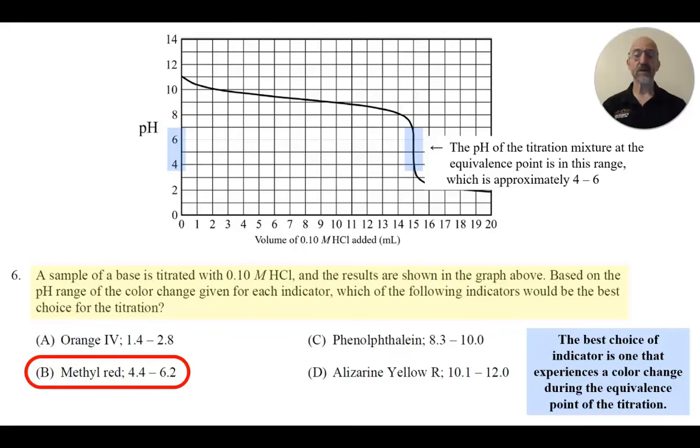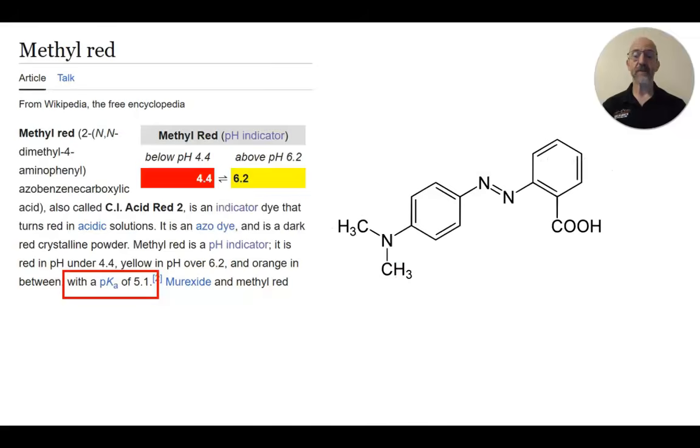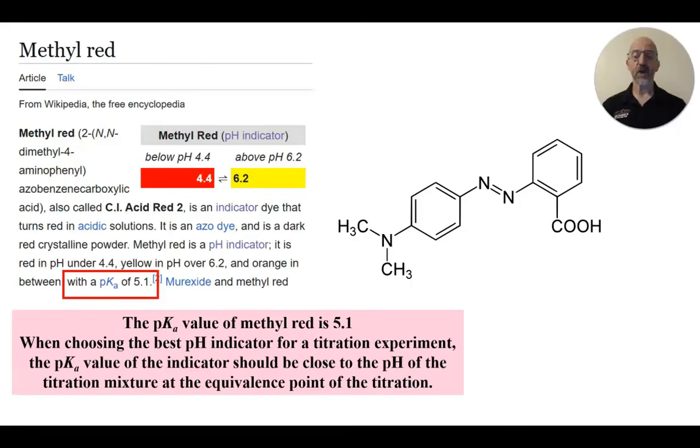Now, I did a little research and I tried to find the pKa value for methyl red, and what I found was the following. The pKa value for this acid-base indicator, methyl red, is approximately 5.1. And when choosing the best indicator for a titration experiment, you want the pKa value of the indicator to be very close to the pH of the titration mixture at the equivalence point of the titration.